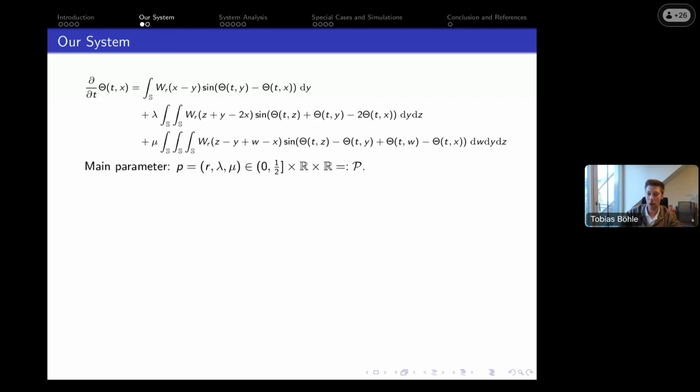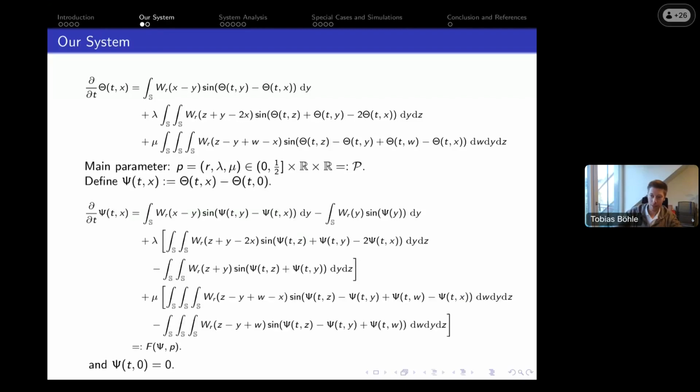And therefore, we switch into the system of phase differences. In the system of phase differences, we define a function psi. Psi is defined to be theta, and then you subtract the value of theta where x is equal to 0.